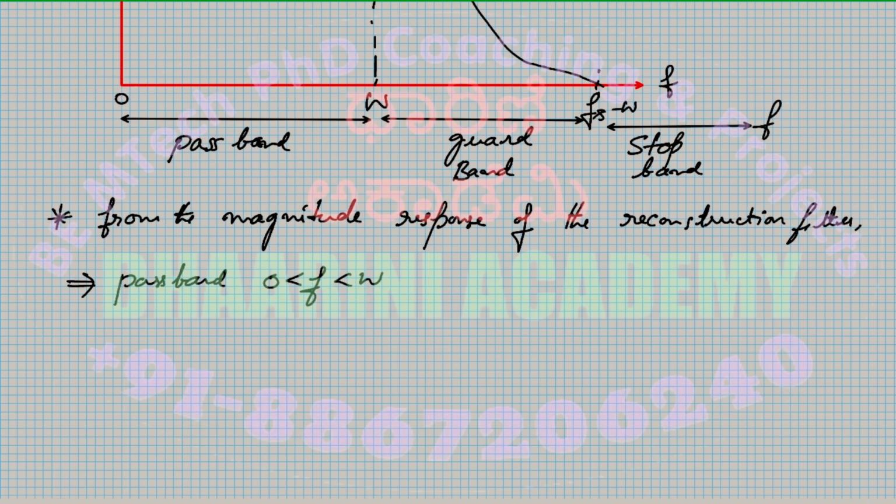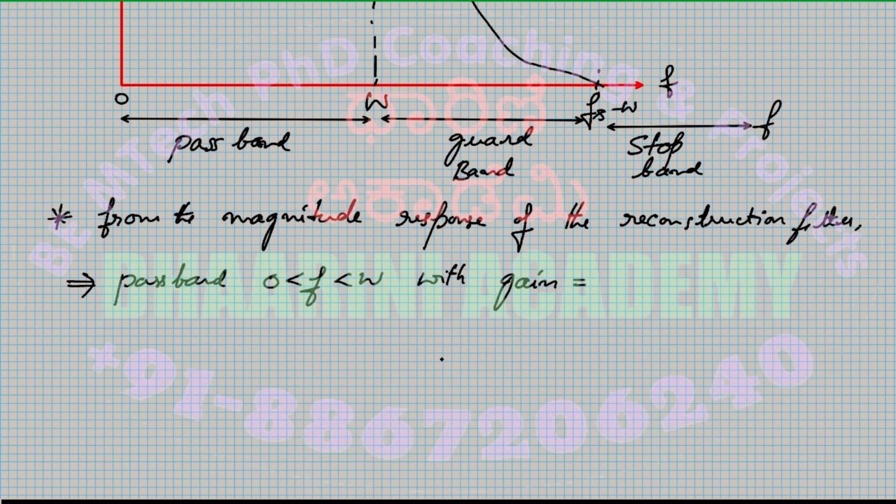This is because the message has a value of gain that is equal to Fs. So Fs into this 1 by Fs gets cancelled and you get your 1 back. Whatever is the g of 0 will come back because of that. So pass band of this with gain equal to 1 by Fs.